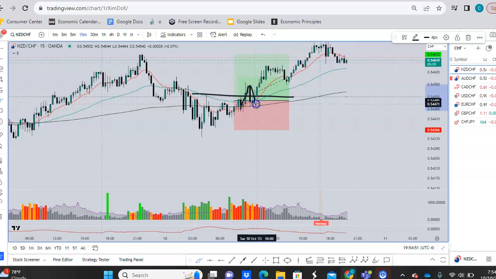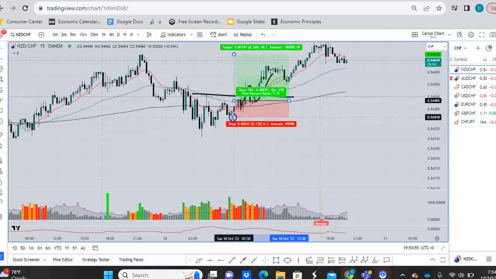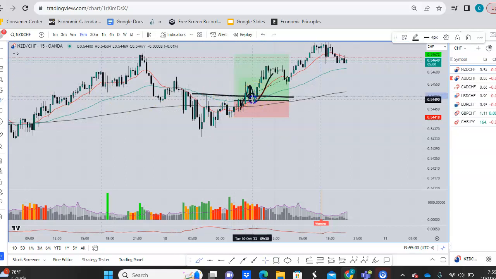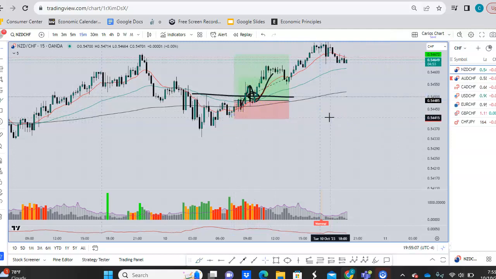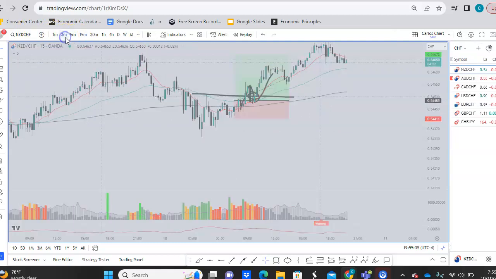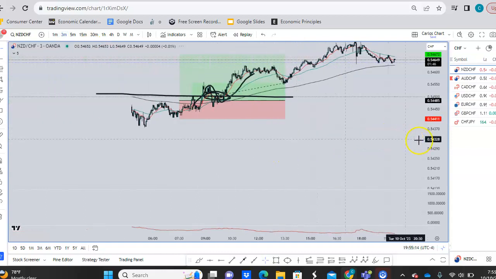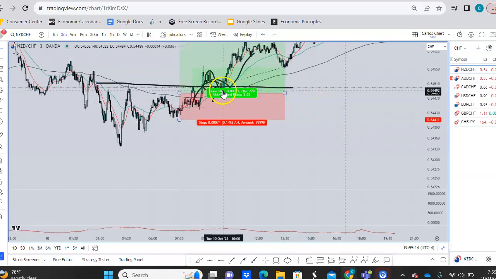Then we pulled back in and we continued. So whenever this happened, I added another position around these areas and adjusted my stop loss right below this, guys. Why? Because I now see it as we took out a session.